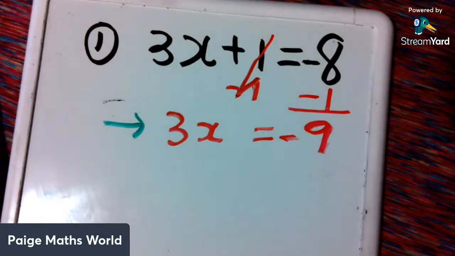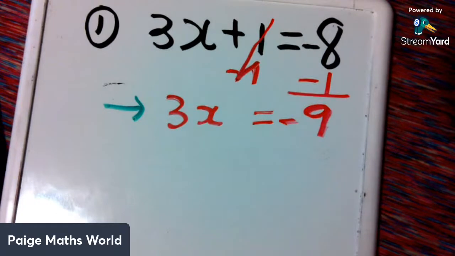Now, what do we do at this point? Keisha or Raymond, what do we do at this point? We have 3x is equal to -9. But I need x by itself. What do I do?